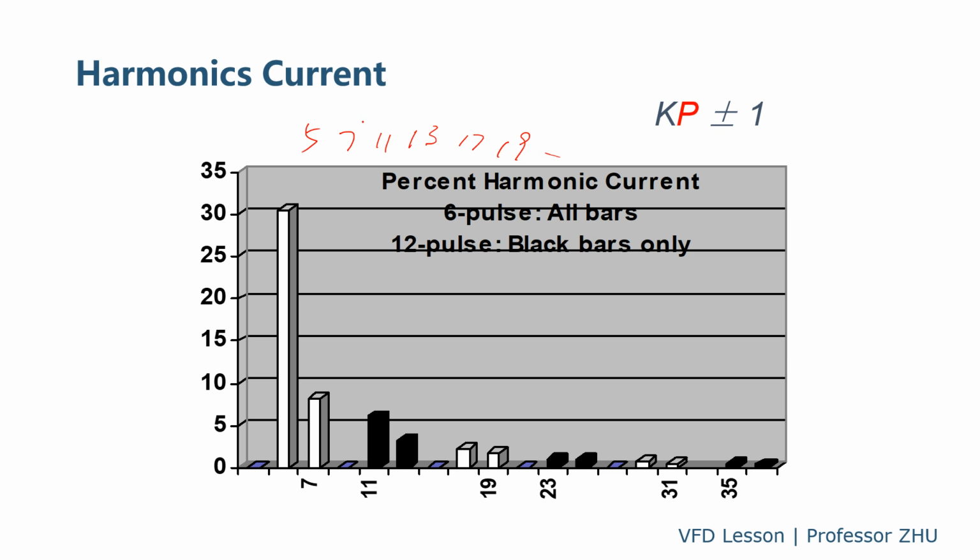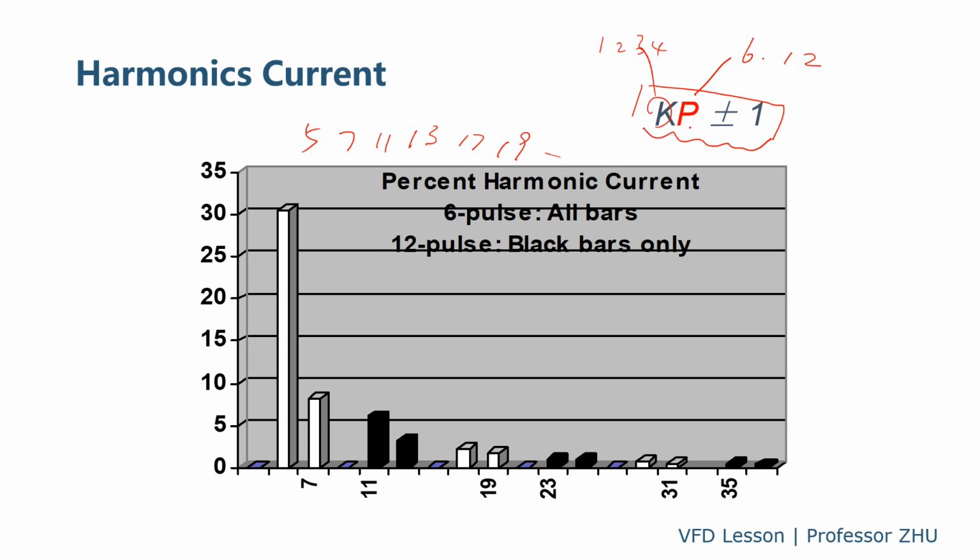This is the order of the harmonics, and there is a formula: h = kP ± 1. This is the harmonic order of the rectifier input current. P is the number of pulses, 6 pulse or 12 pulse. k is a natural number 1, 2, 3, 4, plus or minus 1.